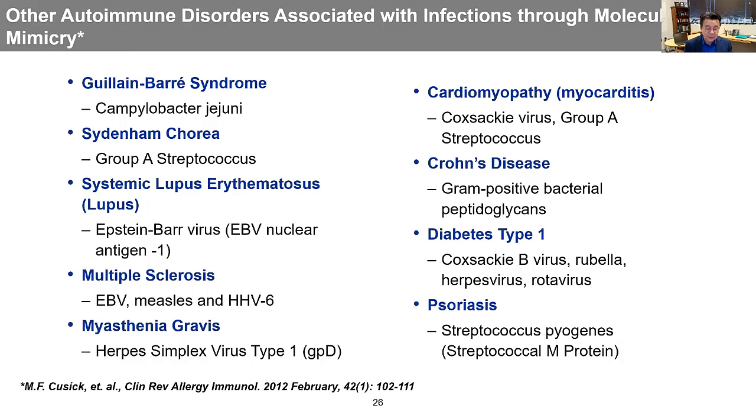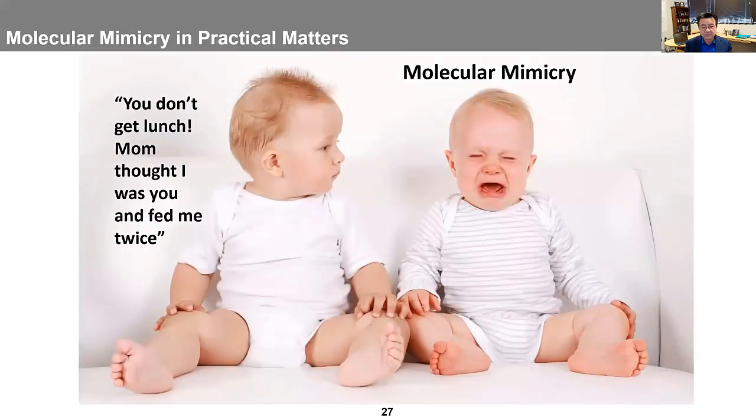Now we see more and more connections between EBV and lupus, MS, myasthenia gravis, and several others. So this is not new. It's something that has been around, and it is in susceptible individuals.